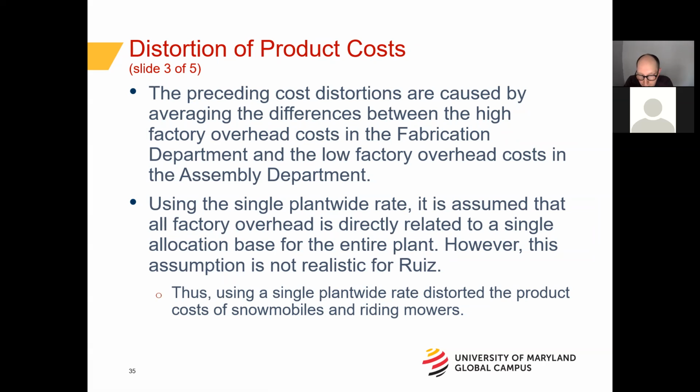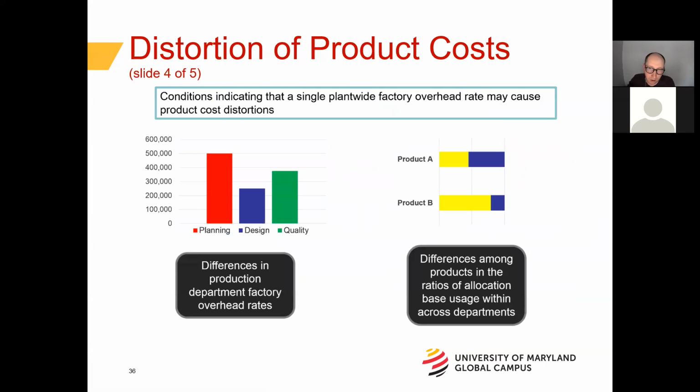And as you would think, that will cause problems for pricing, right? And problems with pricing just make life a little bit more difficult. So we can see what happens with cost distortions: planning, design, and quality are affected, and it causes differences within the factory overhead rates for departments.